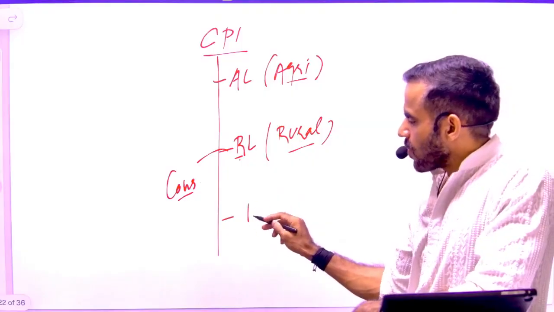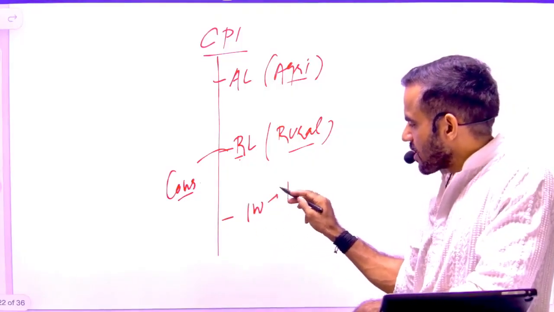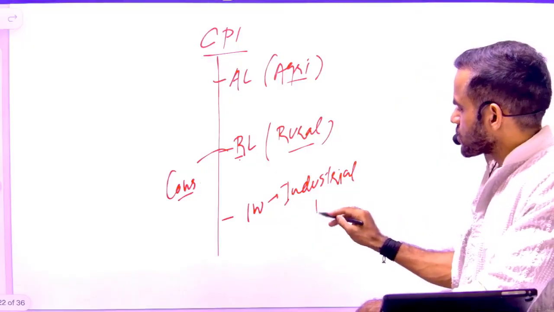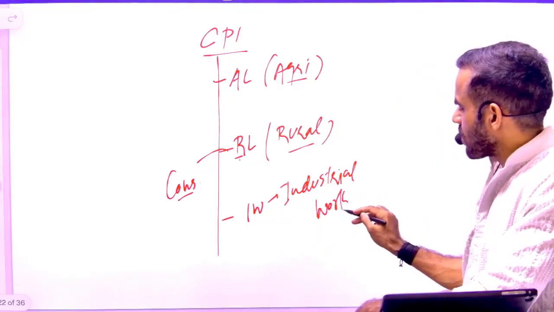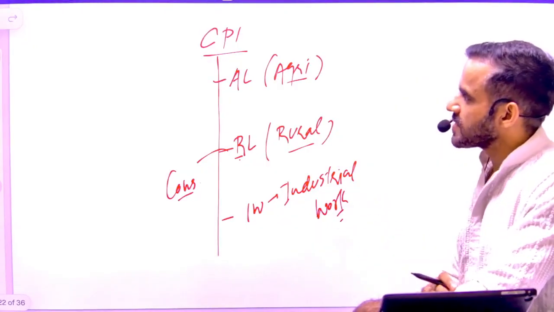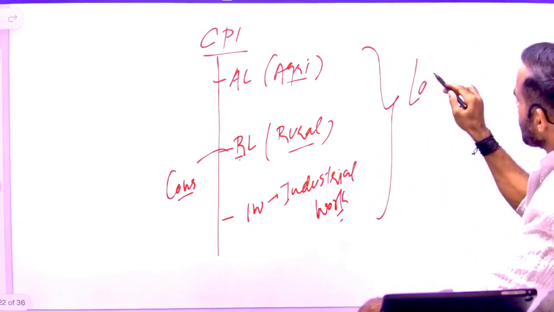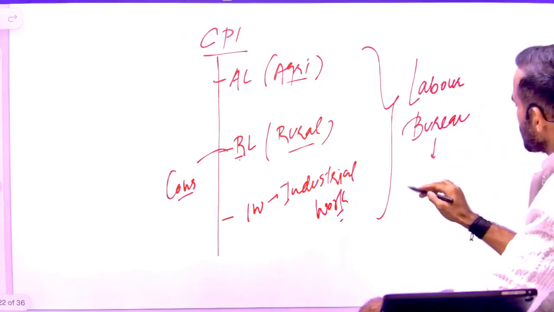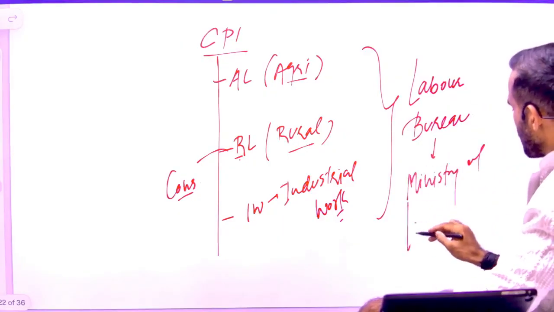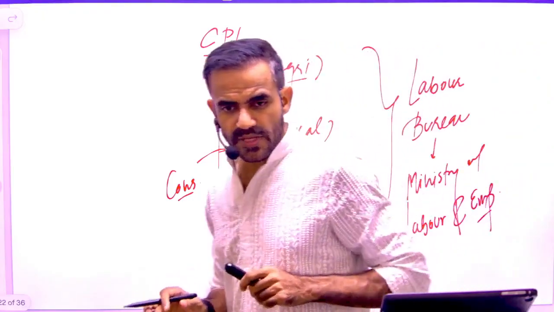Then there is IW. What is IW? That is industrial worker. So on the basis of work activity, these 3 types of CPI are released, and they are released by the Labor Bureau, and the Labor Bureau is under the Ministry of Labor and Employment. These are 6 types of CPI.